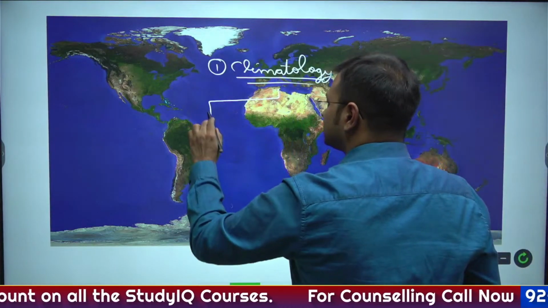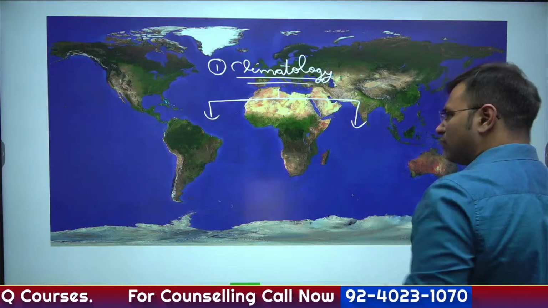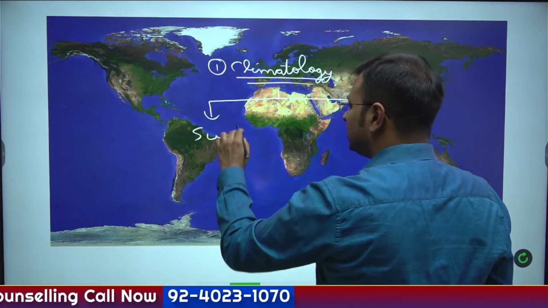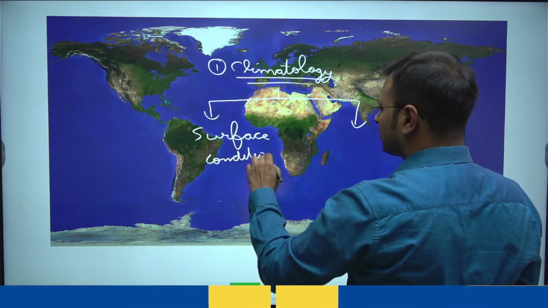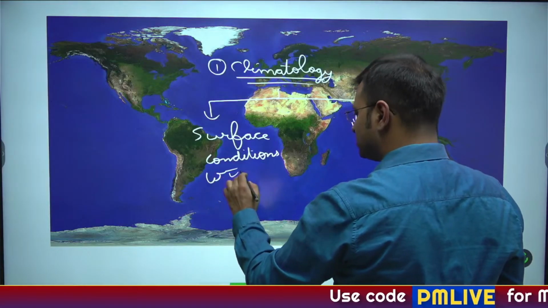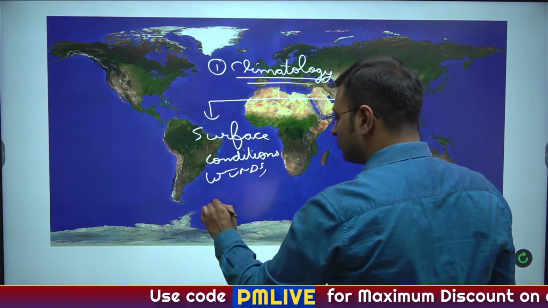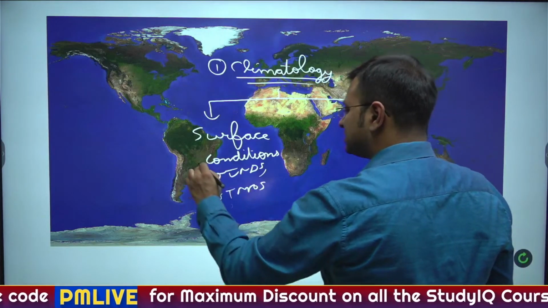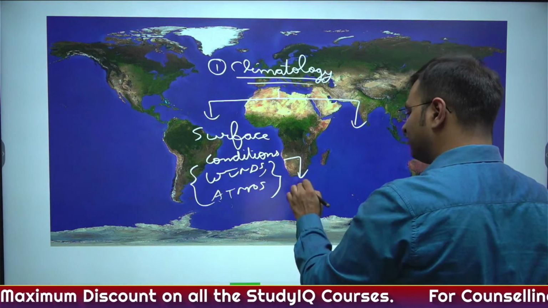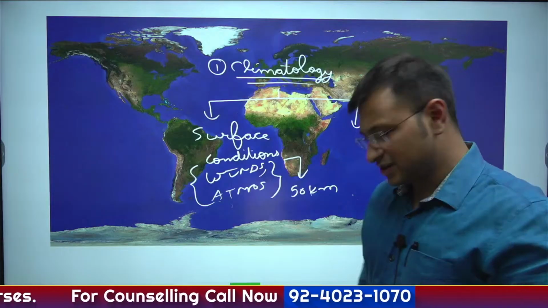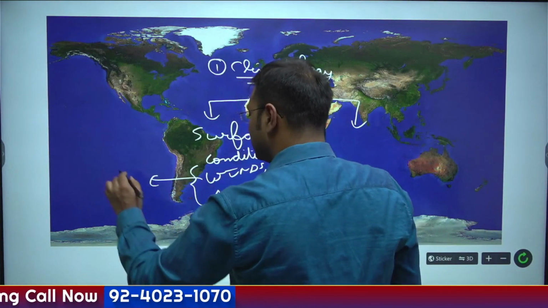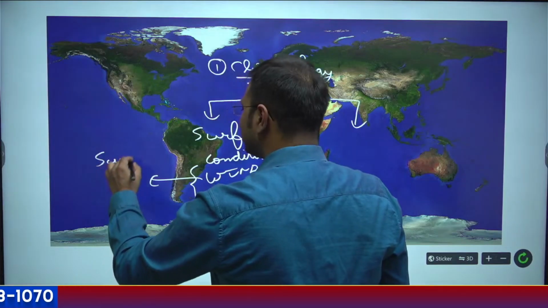In today's session, I'll be breaking down climatology into two parts. First of all, we'll understand the surface conditions. Surface conditions meaning winds and the atmosphere: till around the first 50 kilometers, how is the atmosphere stratified and structured, and we'll target the surface winds.